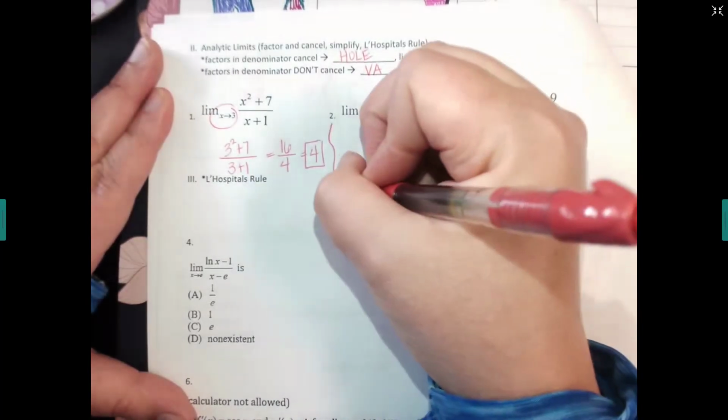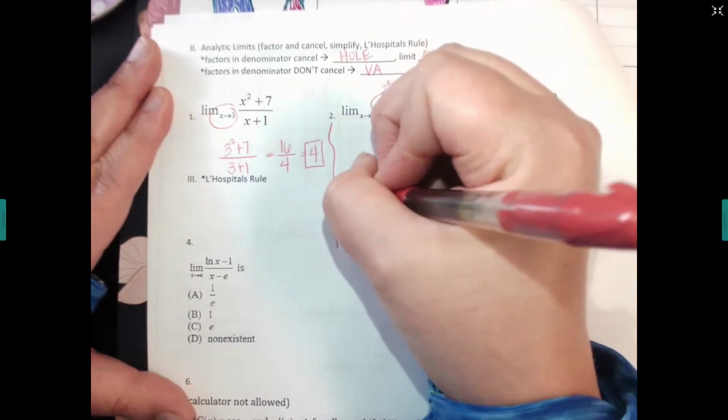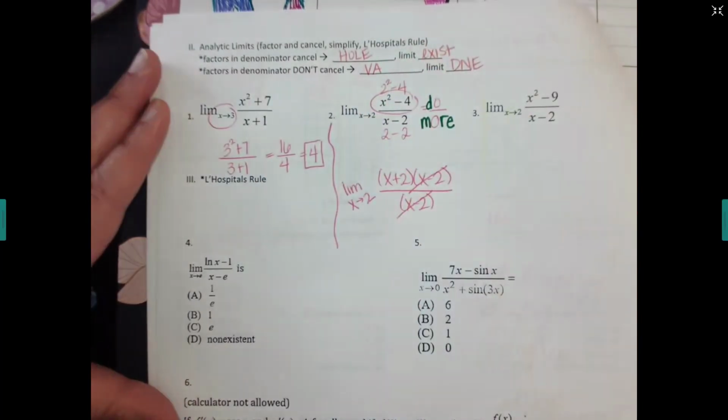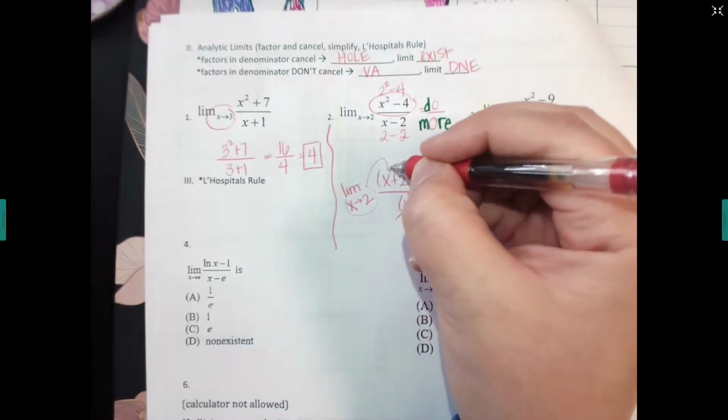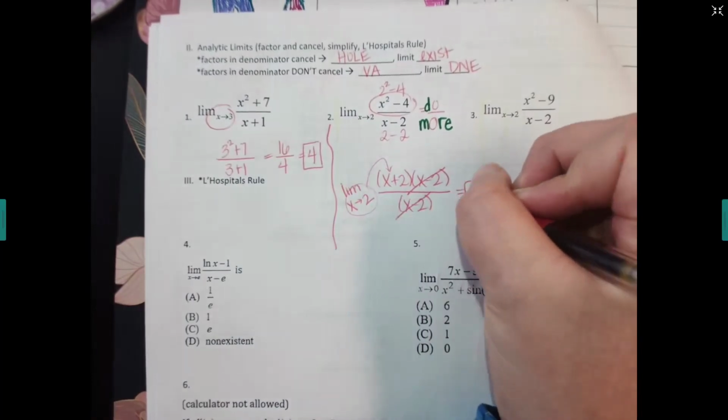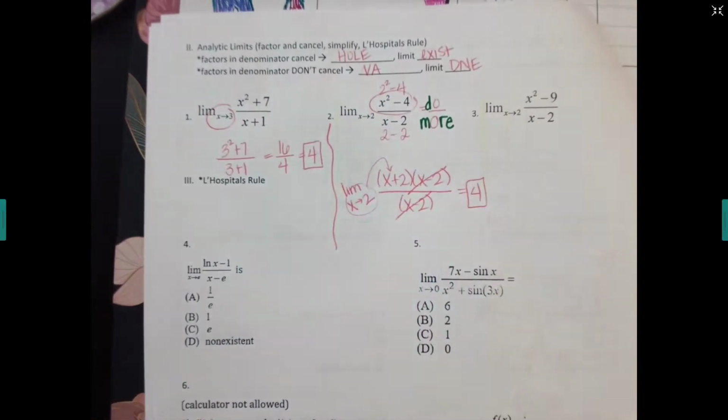And then remember, I'm going to retry that limit once I've factor canceled. So then I'd plug in 2 into the x spot. Now it's a 2 plus 2, which is 4. Okay, so that limit does exist because since the factors canceled out, my graph has a hole in it where that point is messed up, but the sides are both approaching.